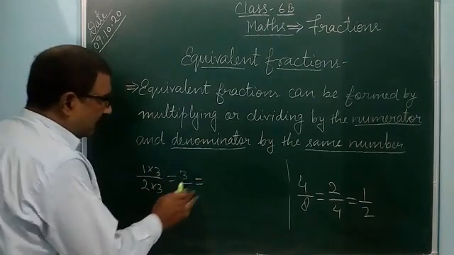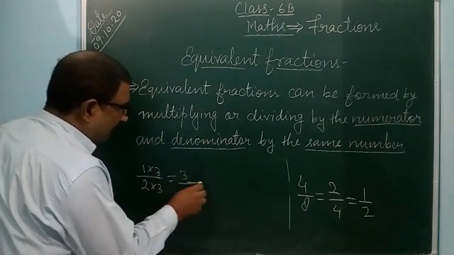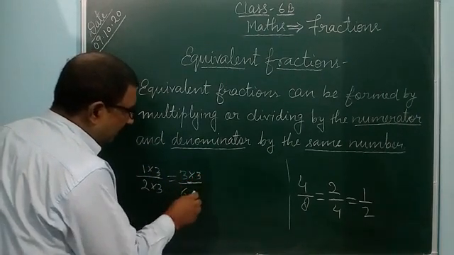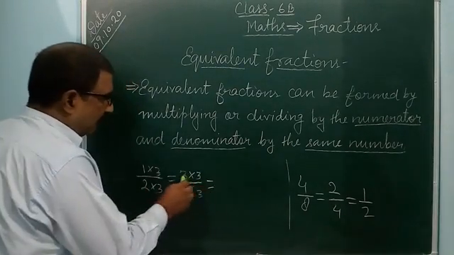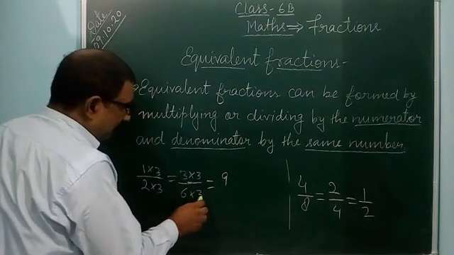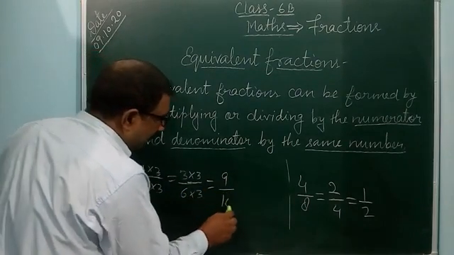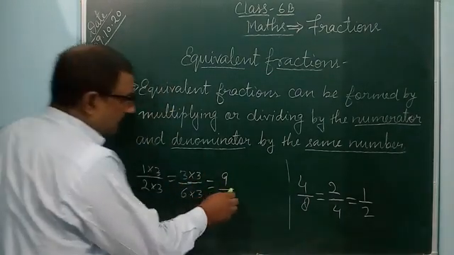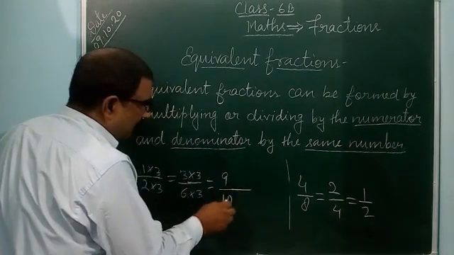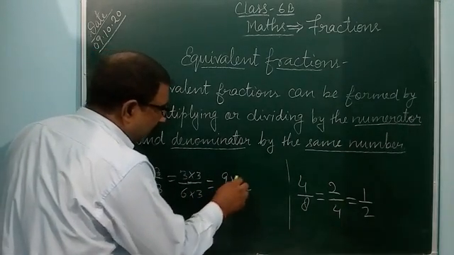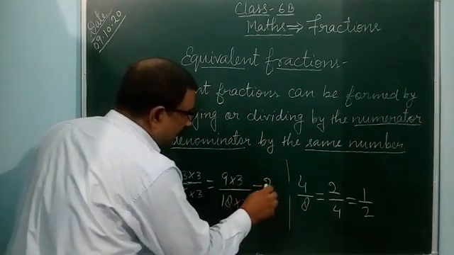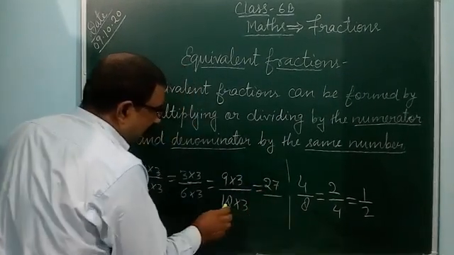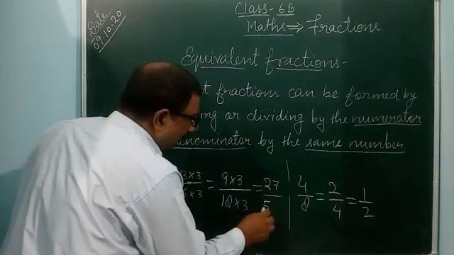Again you are multiplying 3 by 6 by 3, both numerator and denominator. Now you have 3 threes are 9 and 3 sixes are 18. Again this 9 by 18 multiplied by 3: 9 threes are 27 and 18 threes are 54.